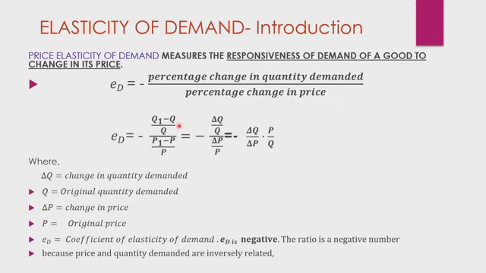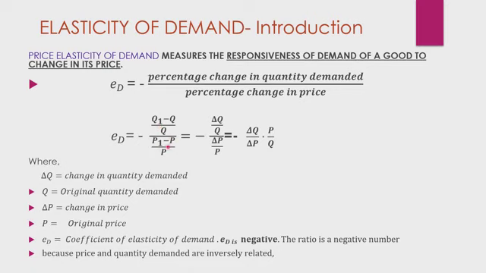Now Alfred Marshall was the first economist to explain the relative ratio between the change in price and the change in quantity demanded. So what we see is Q is the initial quantity of the good and Q1 is the changed units of consumption.